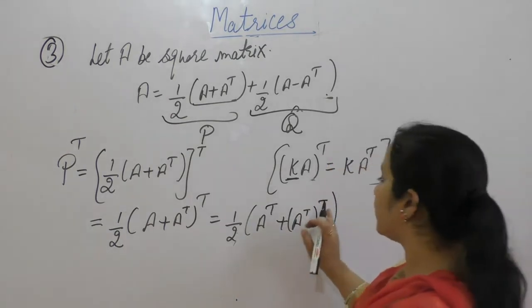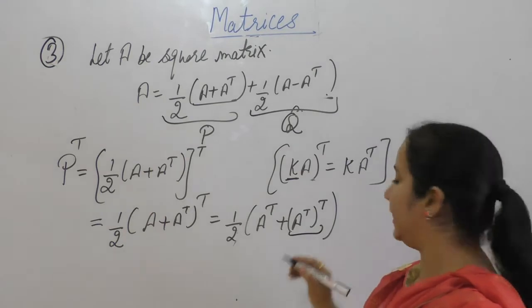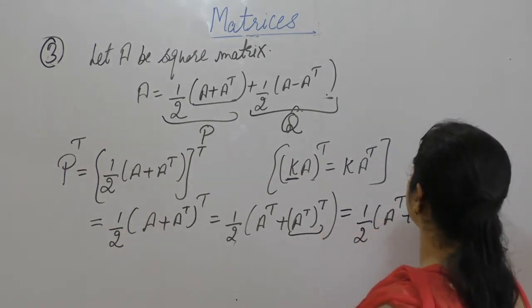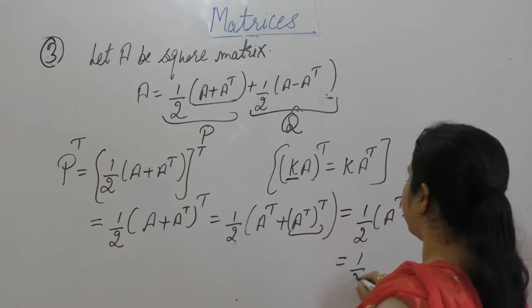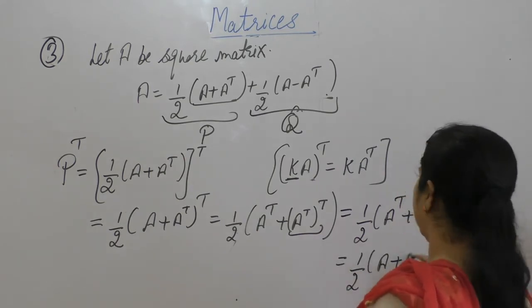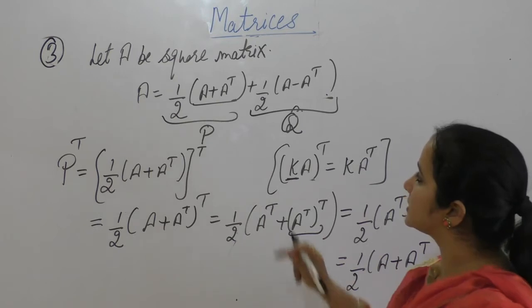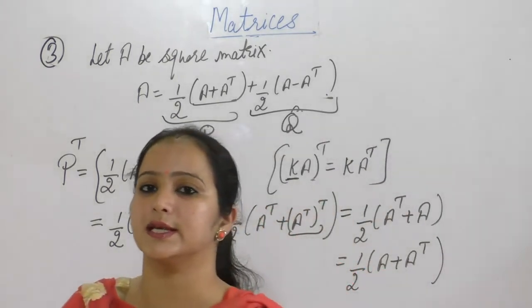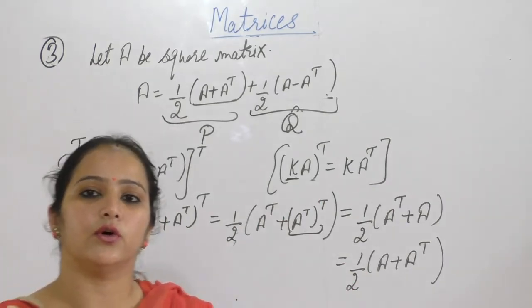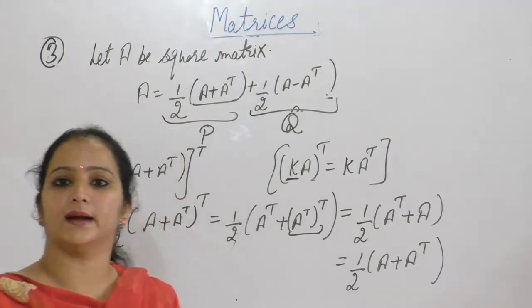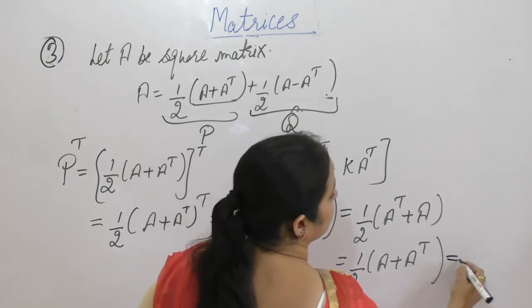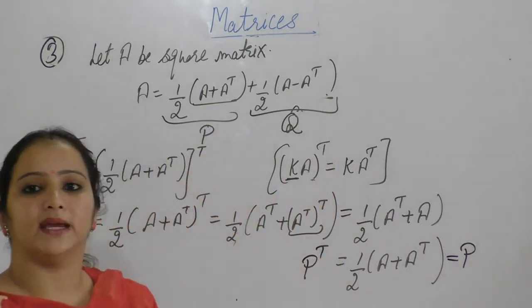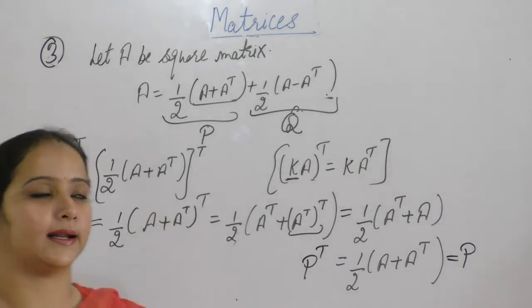Now A transpose transpose is equal to A, so half of A transpose plus A. We can write it as half of A plus A transpose, that is a P matrix. So P transpose is equal to P, therefore P is a symmetric matrix.